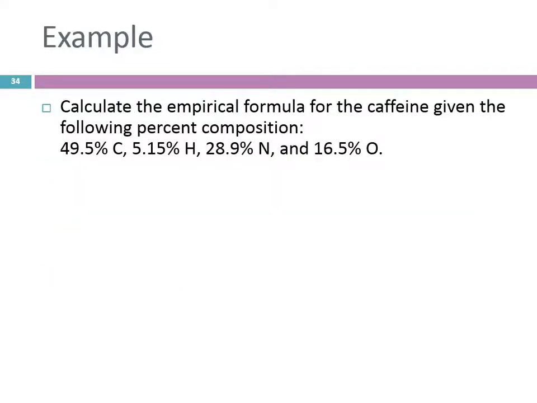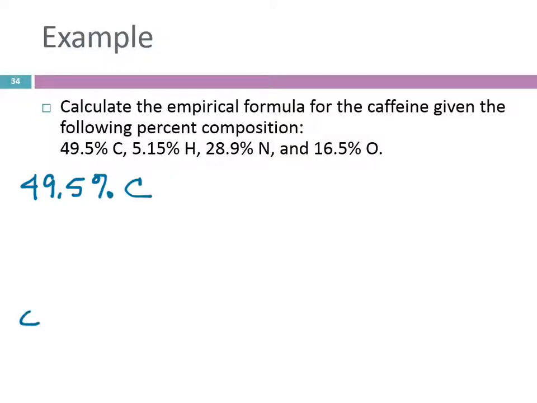So let's just kind of start this one. Calculate the empirical formula for caffeine, given the following percent composition. So we're not given any masses. 49.5% carbon.